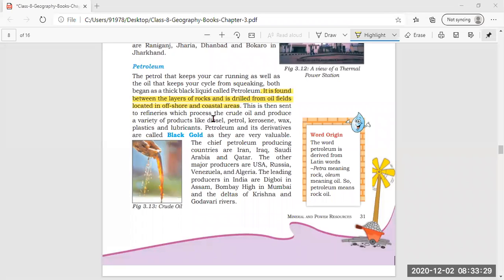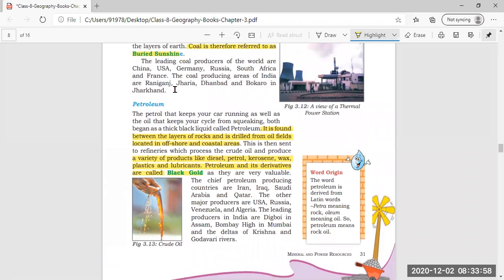You can underline this. Petroleum and its derivatives are called black gold. Petroleum and its derivatives mean the byproducts, the things which we get from petroleum.